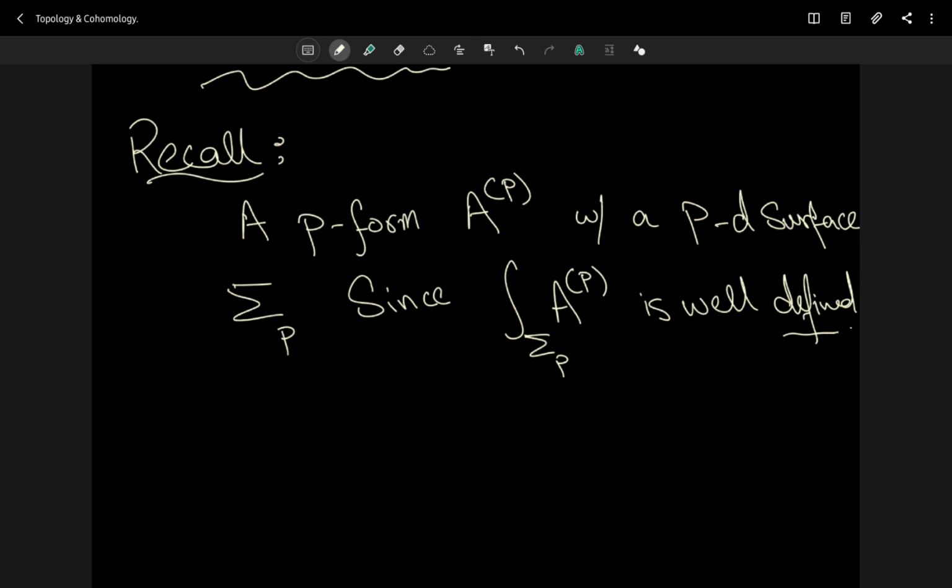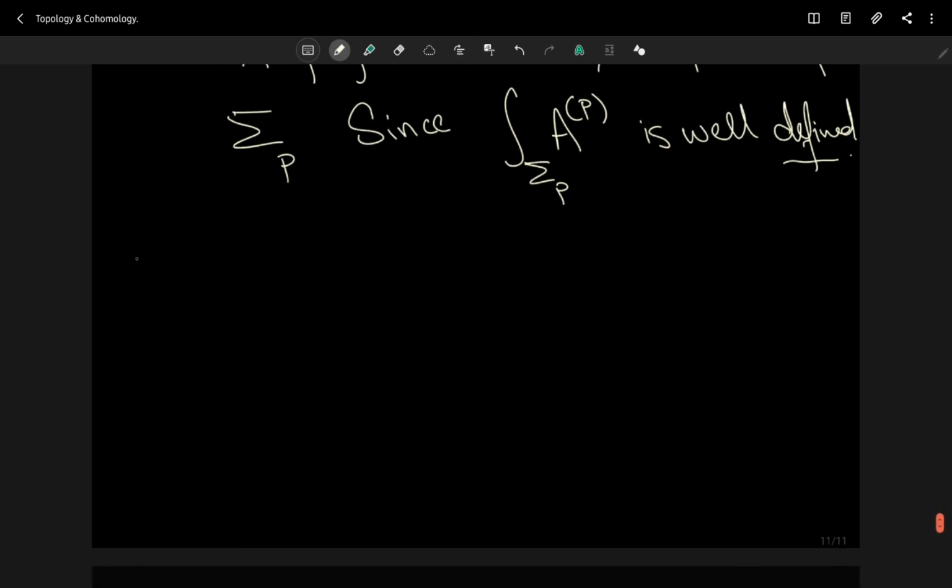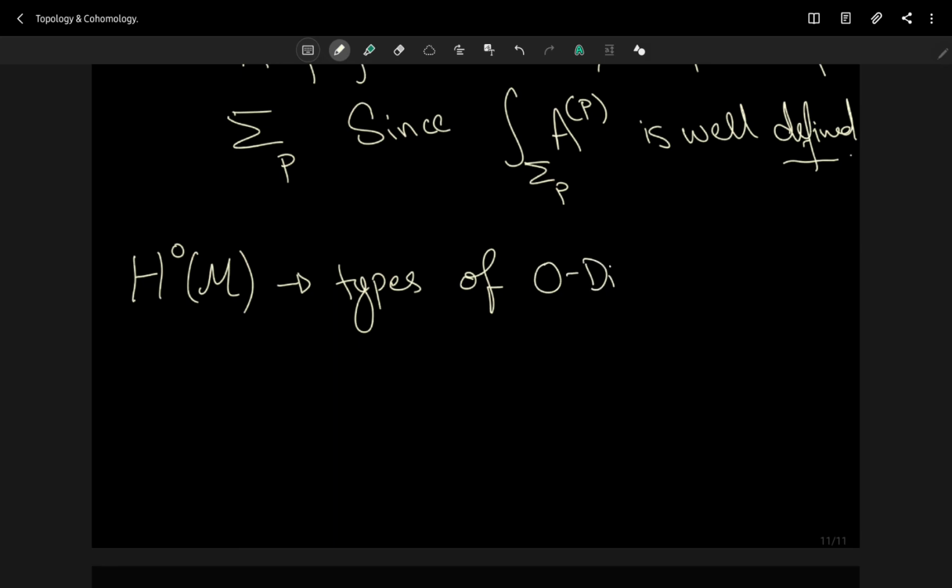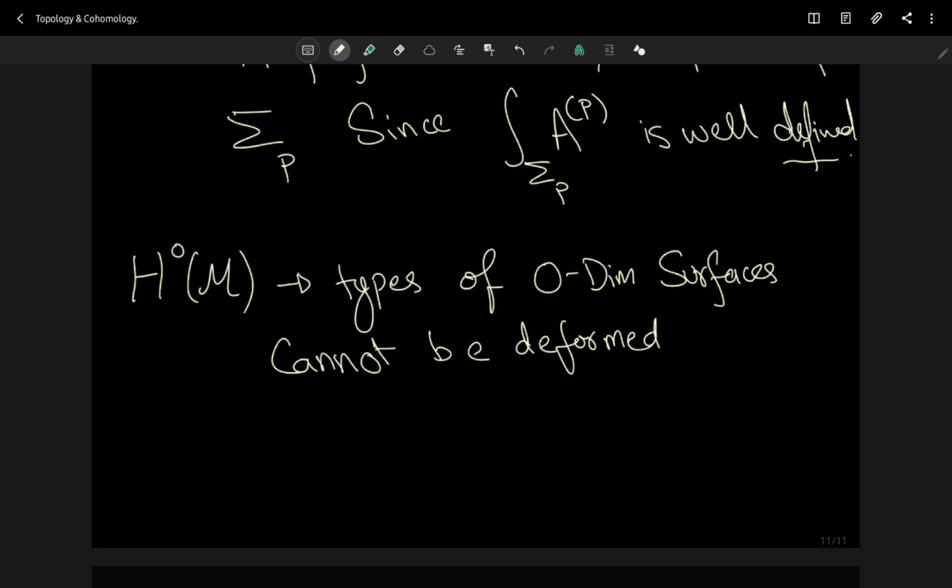So you could consider H0 M, the zeroth cohomology over M, and this tells you how many types of zero dimensional surfaces, or points, that cannot be deformed into each other. I'll show you what I mean.